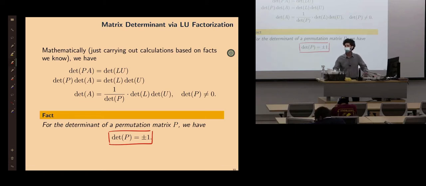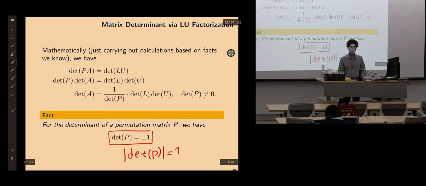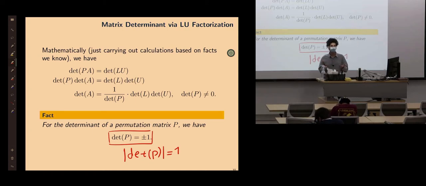So it can be negative or positive, but its absolute value is always 1. This is great news because it will not interrupt our calculation. It's not going to change the value up to a sign. We might get a different answer, and then we need to compensate using the determinant of P: if it is positive, there is no change. If it's negative, it will be a change of sign.